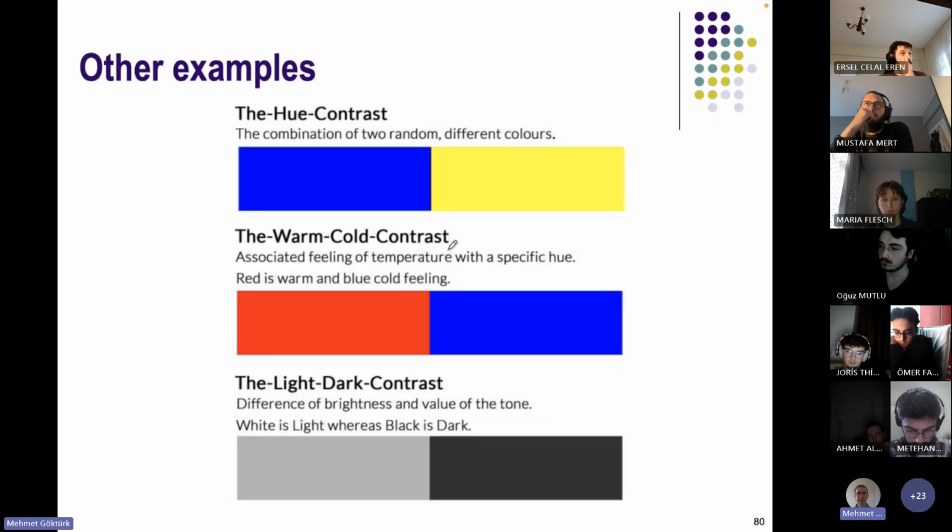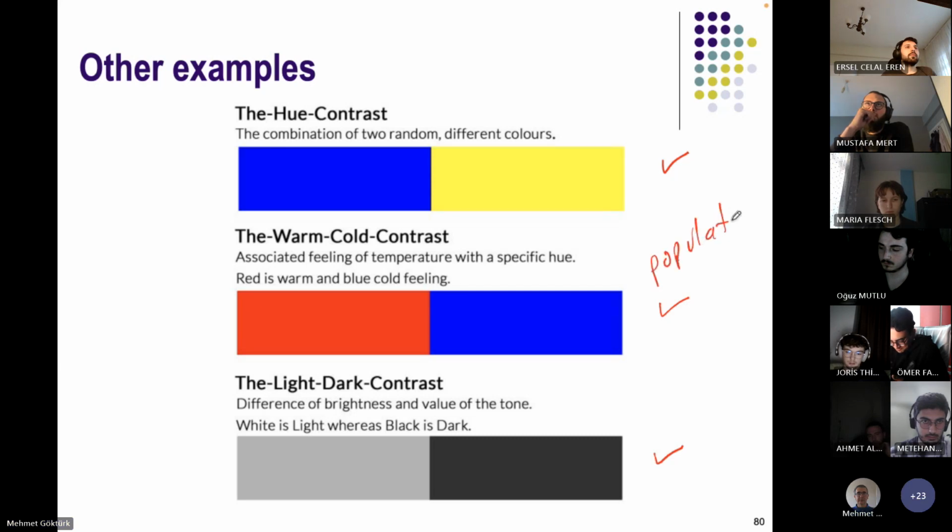So there are other examples like hue contrast, warm cold contrast, light dark contrast. Depending on what kind of variable and parameter you are using, maybe you are drawing a graph, maybe this corresponds to population. If this corresponds to population, which one is the high population?